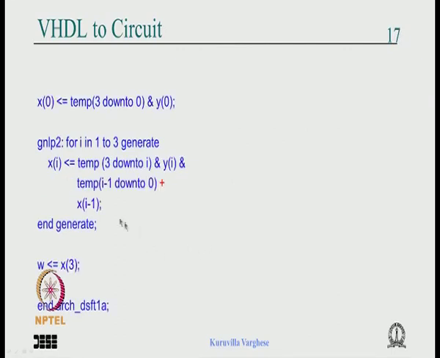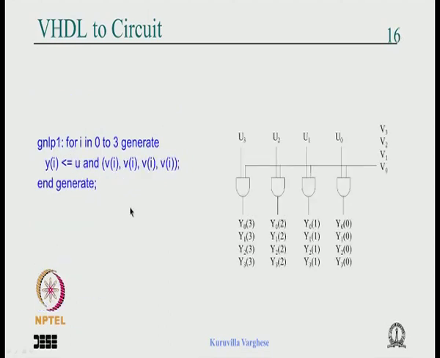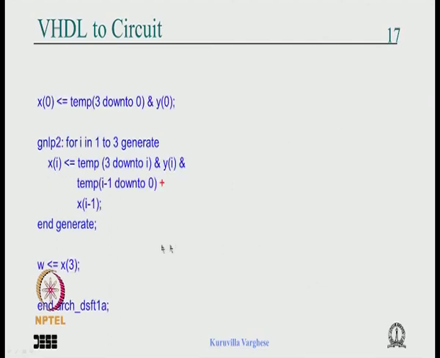Okay, now here we form the Ys from U and V, that is a game, and in the second part we are going to make X from Y and temp, and you know that the temp is just zeros. Okay, so let us look at it.